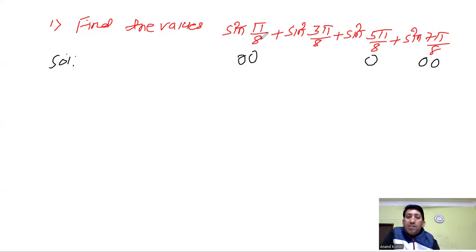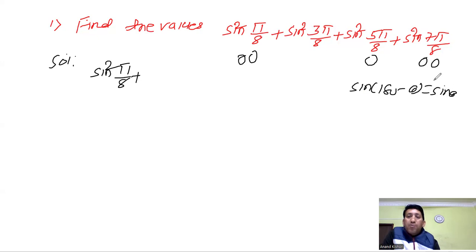So if you add this angle and this angle, they are supplementary angles. Sine of supplementary angles are the same. We are writing here sin square pi by 8 and also sin square 7 pi by 8. See, 7 pi by 8 and pi by 8 are supplementary. So we know sin of 180 minus theta is equal to what?